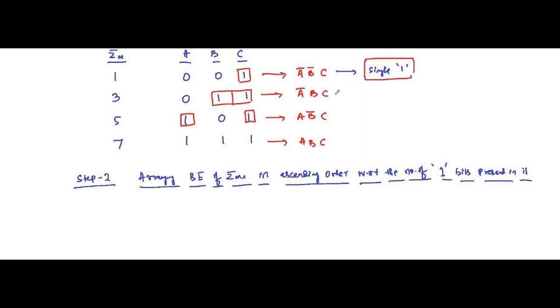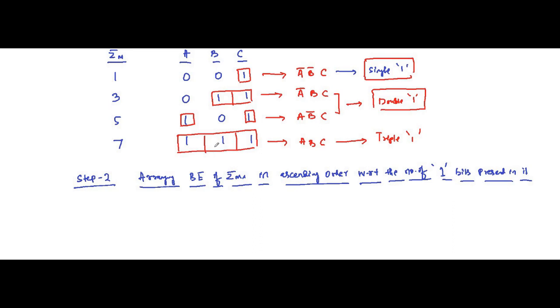These two will go in the double 1 bit category, and then minterm 7, which consists of three 1 bits, will go in another category, which is triple 1 bit, because three 1 bits are present.